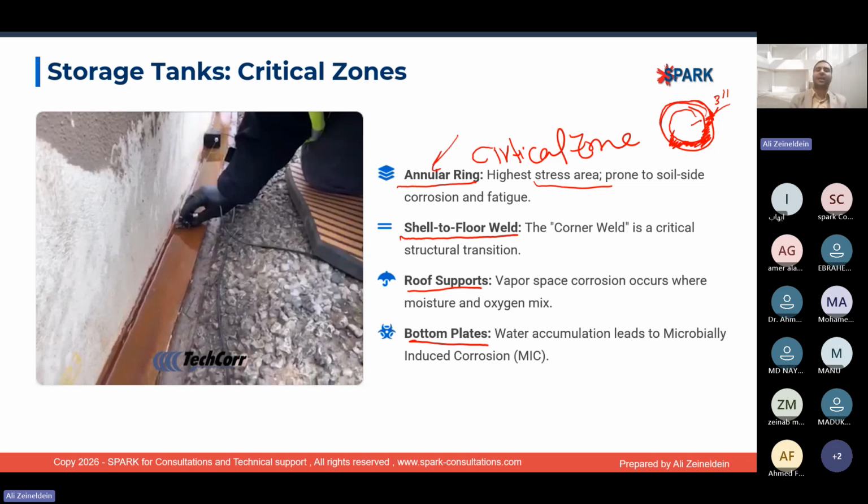In a tank with an annular ring, this area is a very critical location, so focus on this area and give it special attention. Why? Because of the tank stresses or shell stresses at this location.